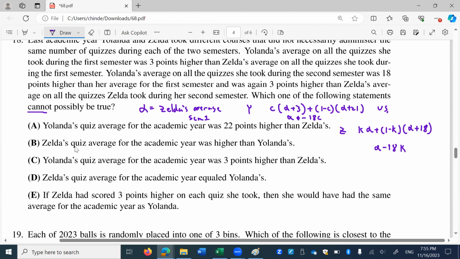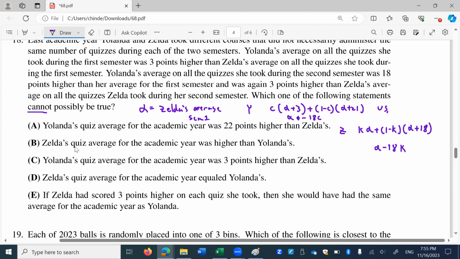Just a second, something feels wrong here. Yolanda's average in the first semester was 3 points higher than Zelda's. In the second semester, she did 18 points better. That looks good.